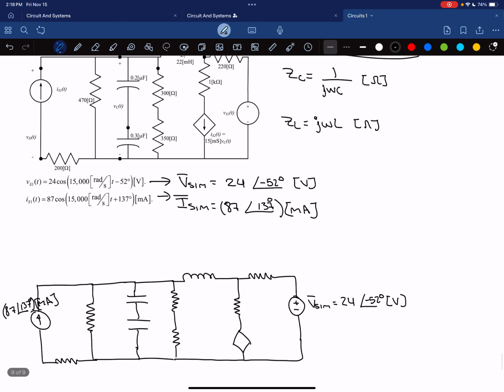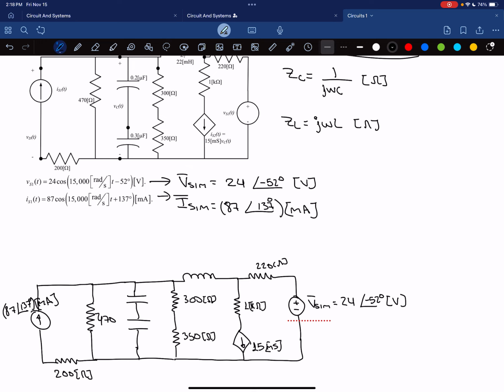We know the resistors are the same. They don't change. 300, 350, 220, and 1 kilo ohm. And this also converts to millisiemens, and the other thing that converts is VCM, right?